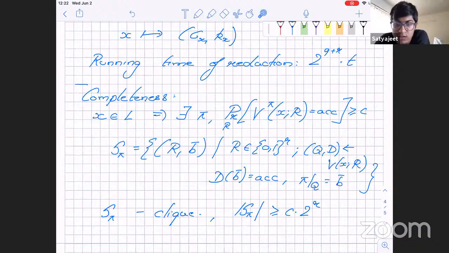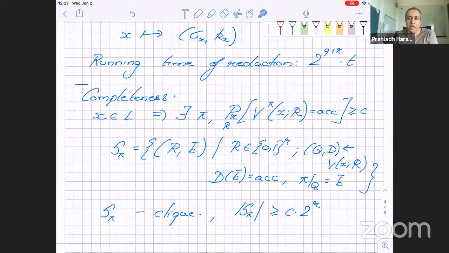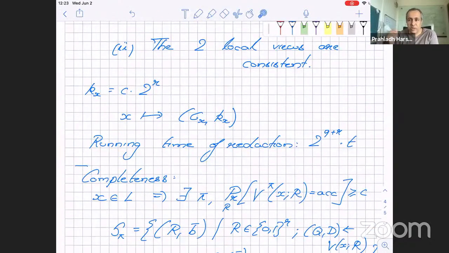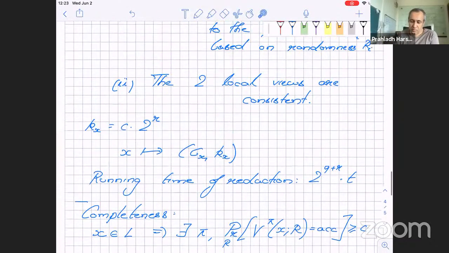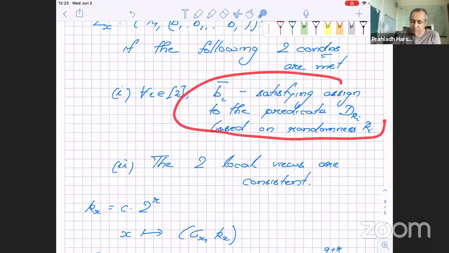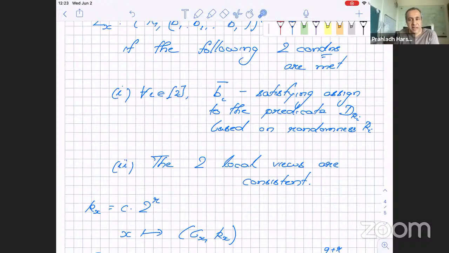Now why is this a clique? Let's look at all the vertices that you pick up so far. I want to say that any pair of them have an edge between them. Why is that true? Take any two vertices in this set that I have picked up. It clearly satisfies condition 1 because by definition B happens to be a satisfying assignment.